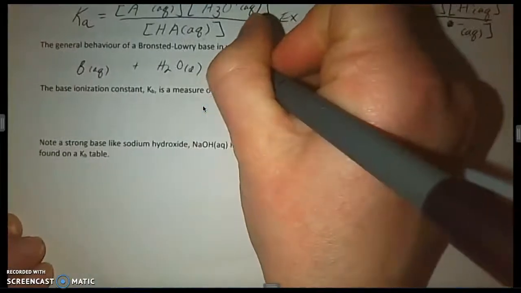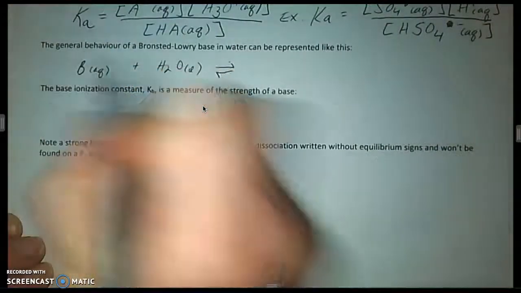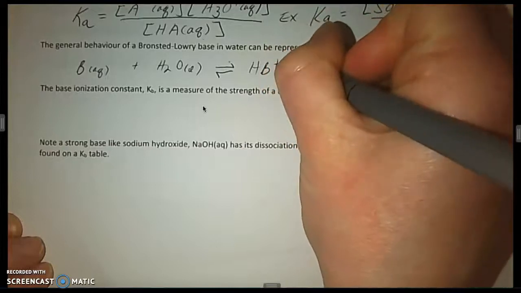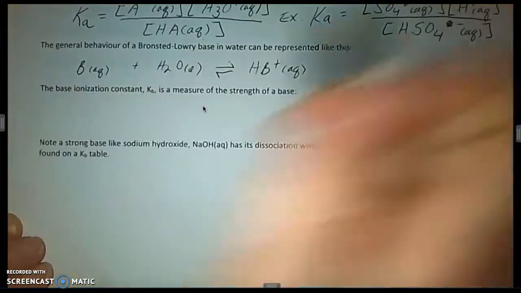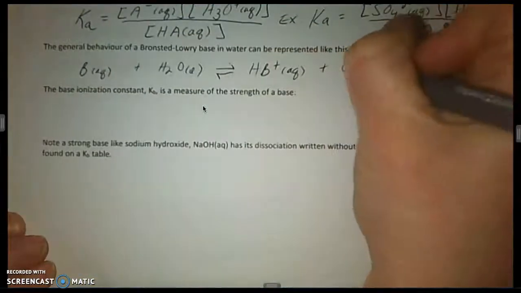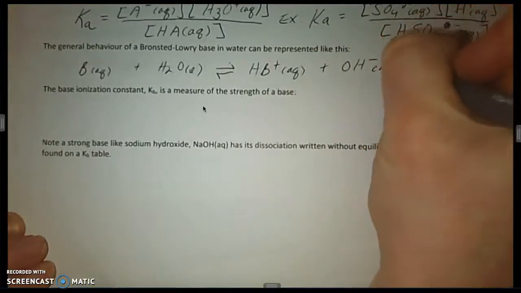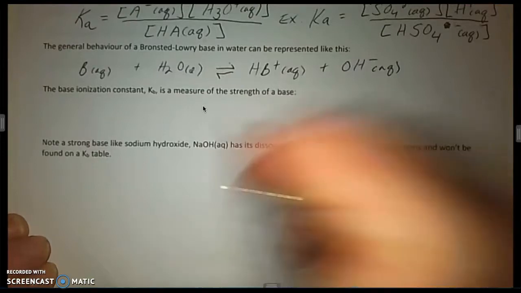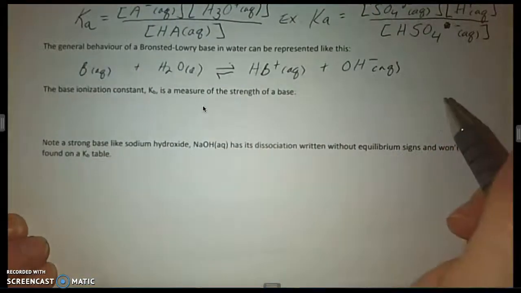And it's going to be in equilibrium. So bases, when they're Bronsted-Lowry bases, they act as proton acceptors. So I'm going to end up making HB plus as my conjugate acid of that base, and then hydroxide. Okay, so that's the general dissociation reaction for a base.